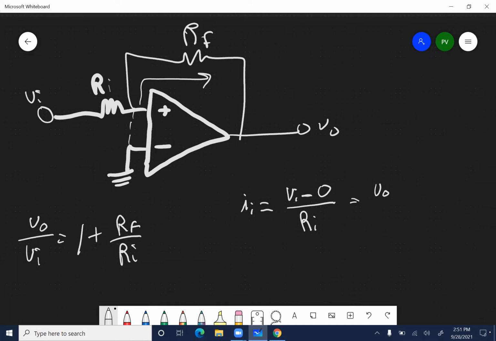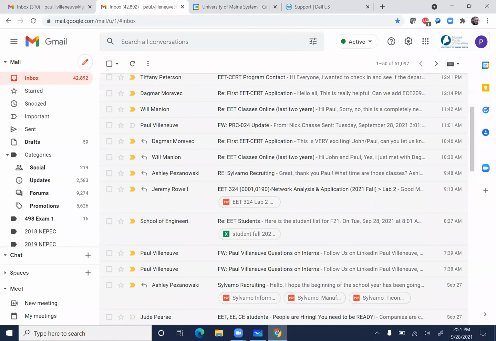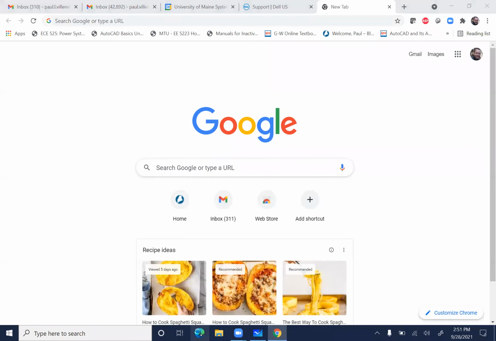Do I have my non-inverting op amp set up correctly? Let me go ahead and do this real quick. Wrong one. Sorry, I'm getting used to another new computer.